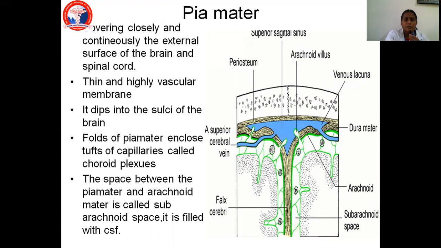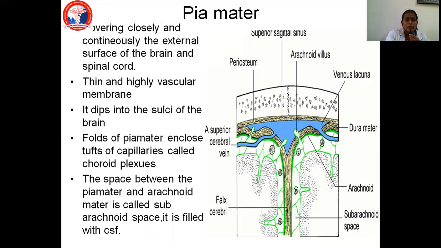So we discussed the meninges. There are three coverings of the brain: outer dura mater, middle arachnoid mater, and inner pia mater. The outer dura mater is the outer covering, and it is fused everywhere except where it forms folds and where the venous sinuses are enclosed.